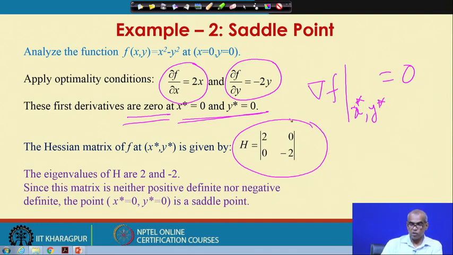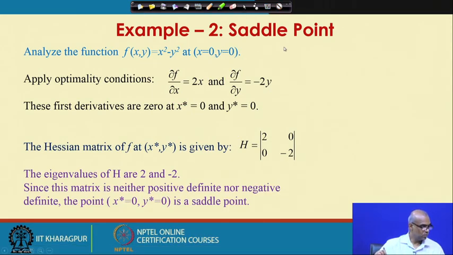So, the eigenvalues are 2 and minus 2. So, the Hessian matrix is neither positive semi definite nor negative semi definite. That means it is definitely not positive definite nor negative definite, it is actually indefinite. So, the point 0, 0 is neither a minimum nor a maximum, it is a saddle point.